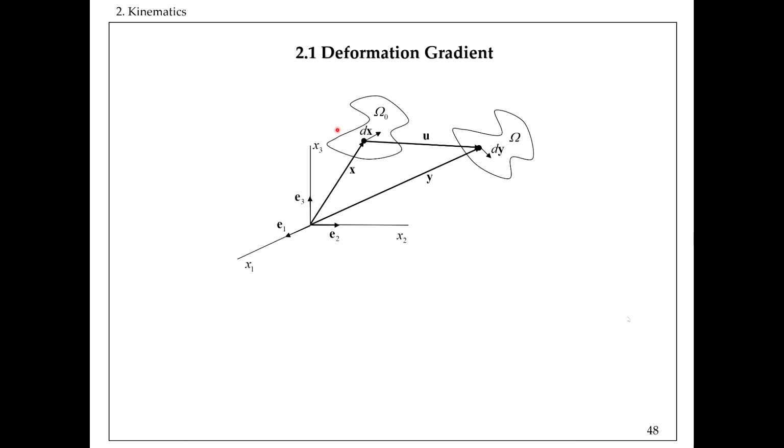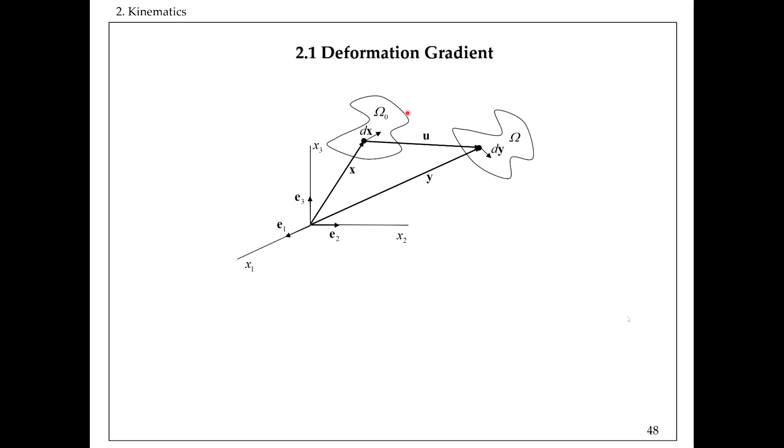That's where we start from. Then, after we did something to the body, we applied loading, maybe some forces, or gravity worked on it, and it was too soft, the material deformed, and so it occupies a new configuration.